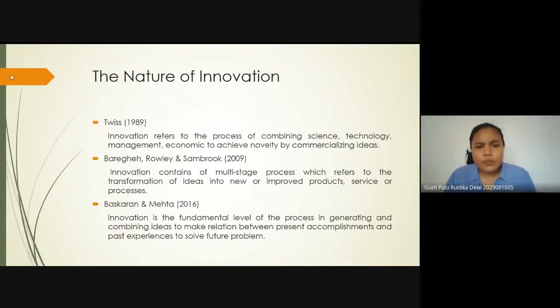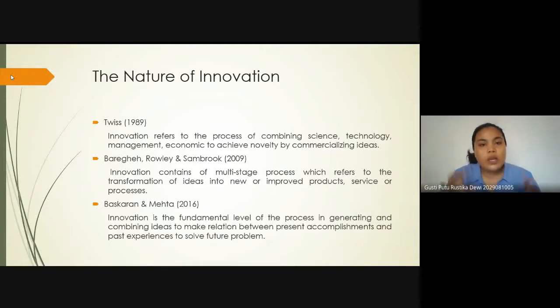Next, Bhaskaran and Mehta 2016 stated that innovation is the fundamental level of the process in generating and combining ideas to make relation between the present accomplishment and the past experience to solve the future problem.